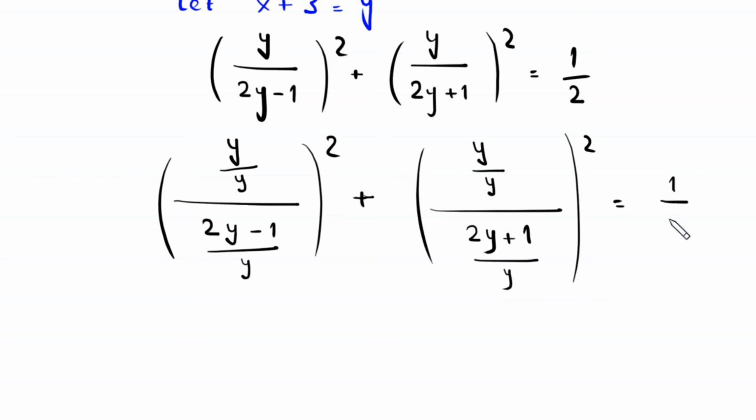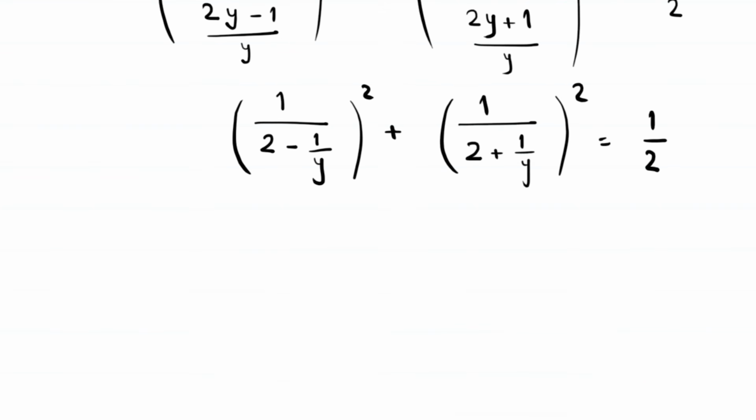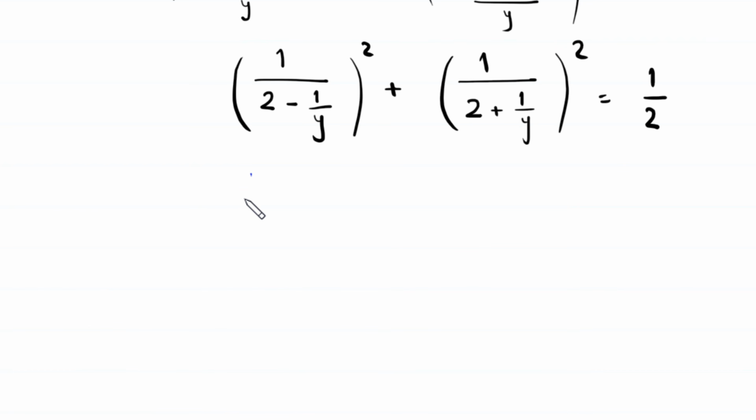Further simplify, this will become 1 divided by (2 minus 1/y) whole squared plus this will become 1 divided by (2 plus 1/y) whole squared equal to 1/2. Now we suppose that let u is equal to 1/y.